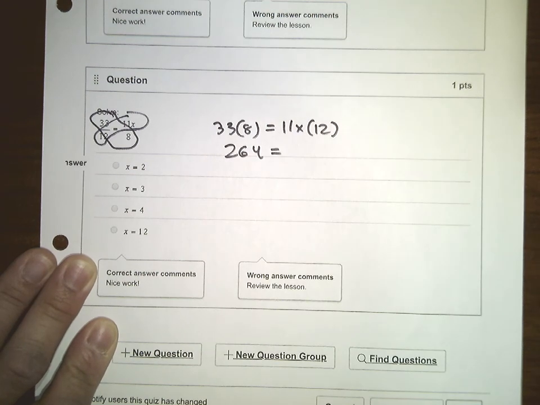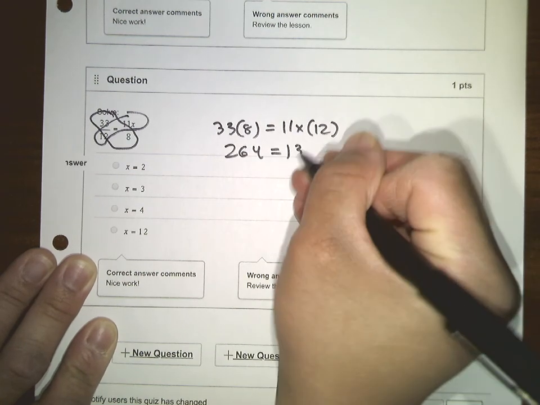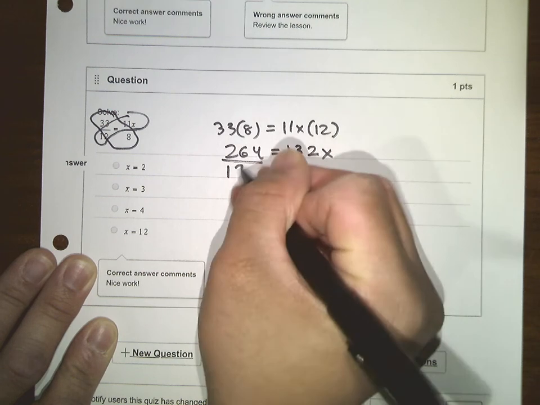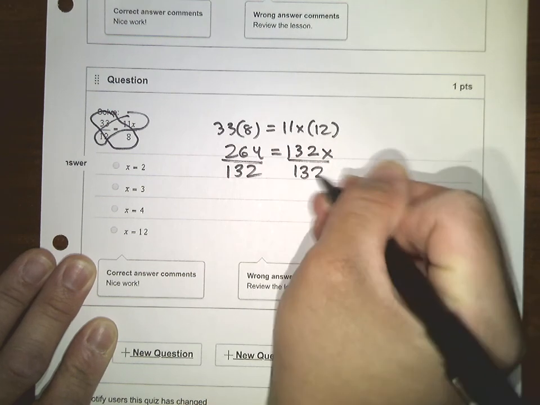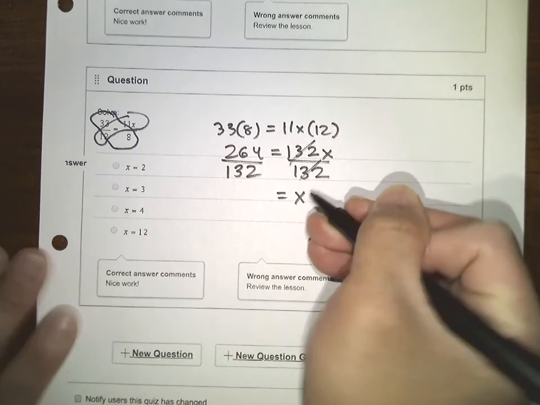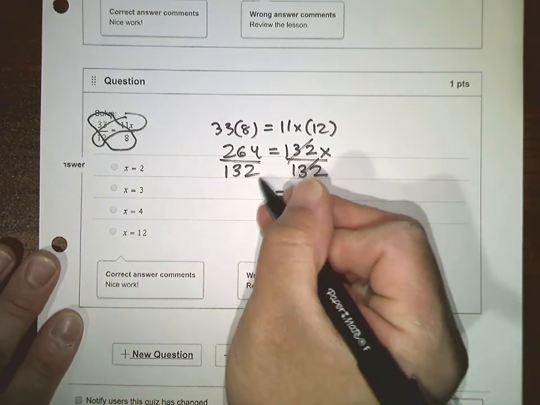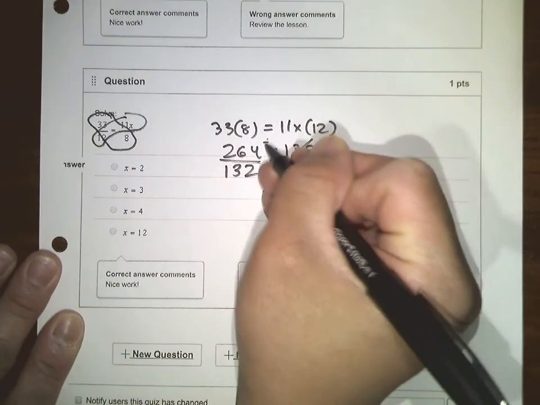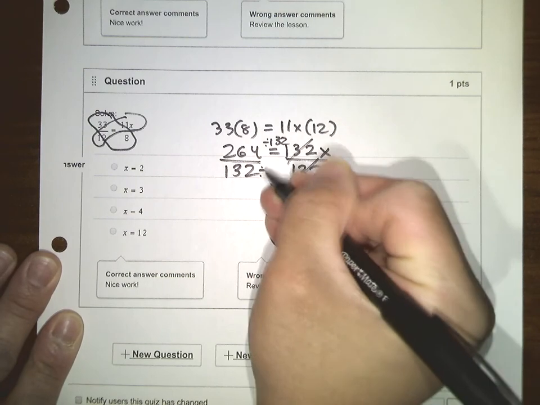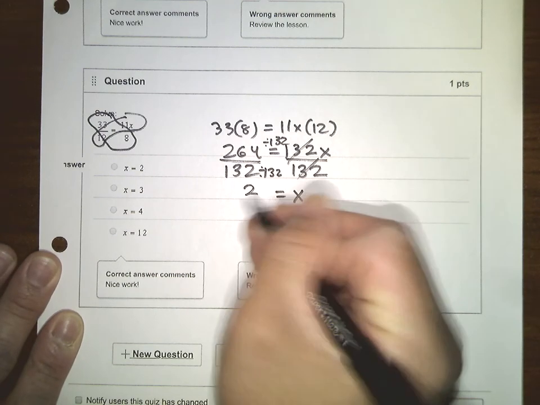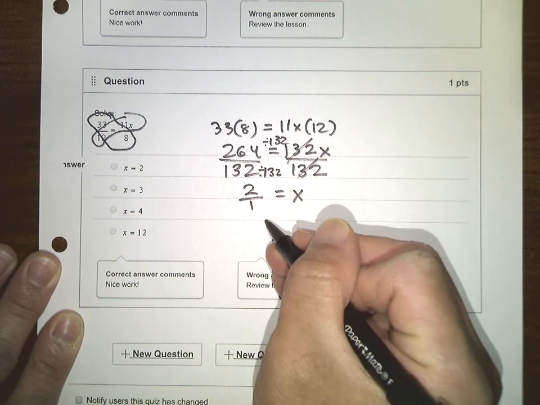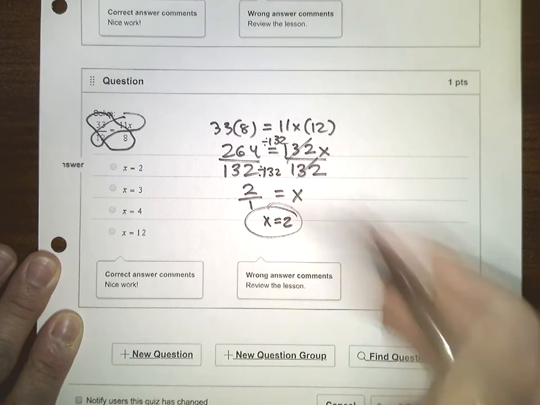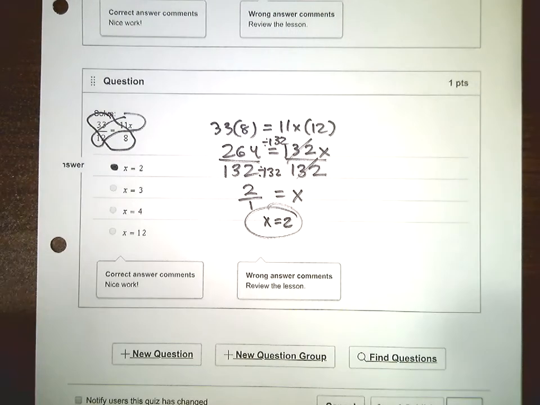And 11x times 12, that's going to be 132x. Then let's divide by 132 on each side. So when we do that, the greatest common factor here is 132, so I can divide by 132 in the numerator and denominator to get 2 over 1, or just that x is equal to 2. What a time to be alive.